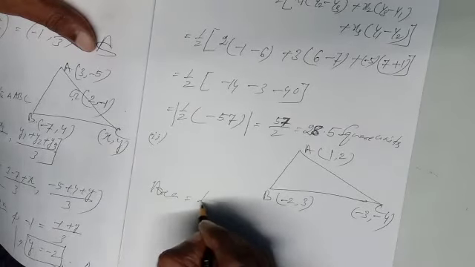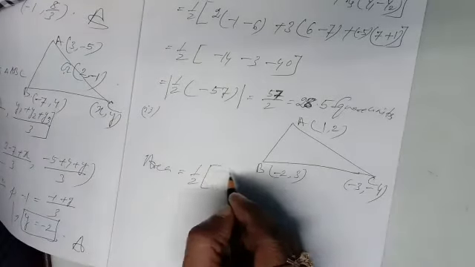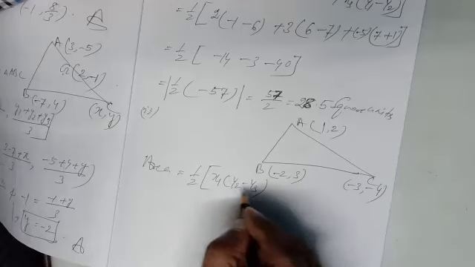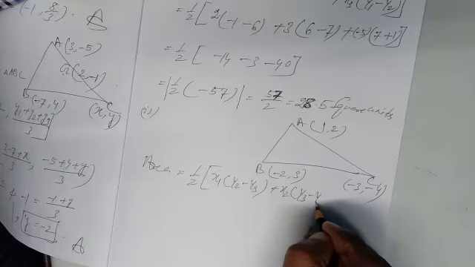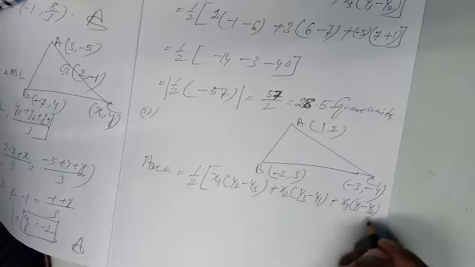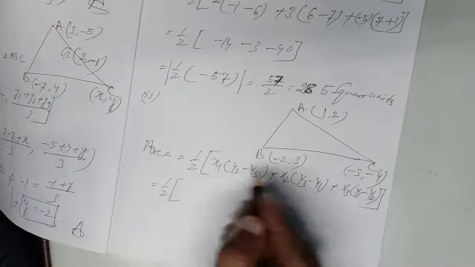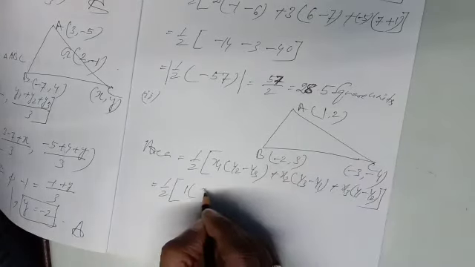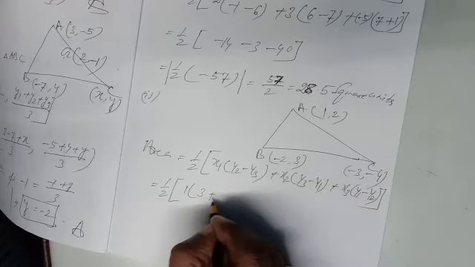Same formula, the area formula is half of x1 times (y2 minus y3), then x2 times (y3 minus y1), then x3 times (y1 minus y2). Now put the values. x1 is here 1. y2 is 3, minus y3, y3 is minus 4, so that is plus 4.